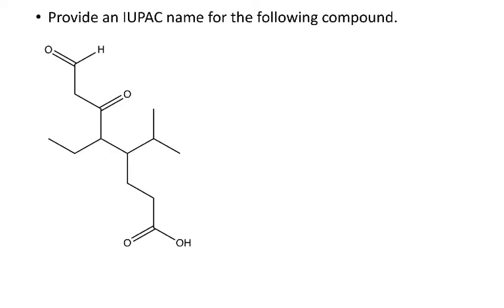Okay, one last example. So my functional groups, I have an aldehyde, I have a ketone, I have a carboxylic acid. Of course, the carboxylic acid gets the highest priority. My longest chain would be so I have 4-isopropyl, a 5-ethyl, and then whether it's an aldehyde or a ketone, when they don't get priority, they're both substituents.